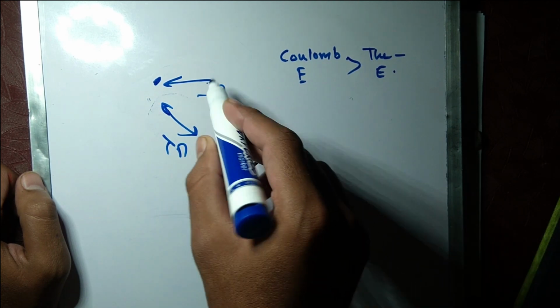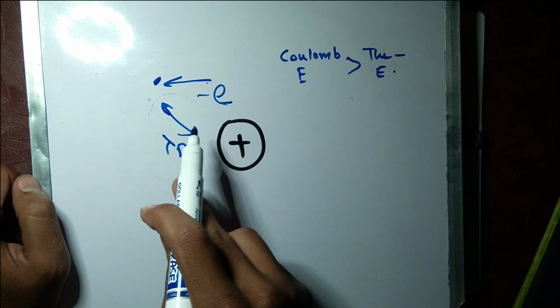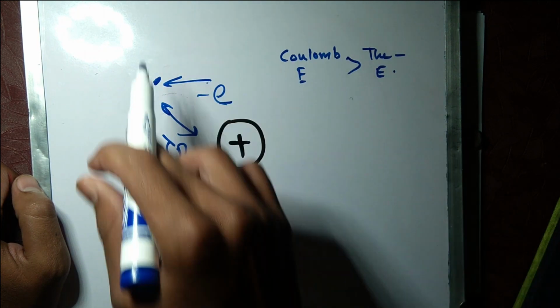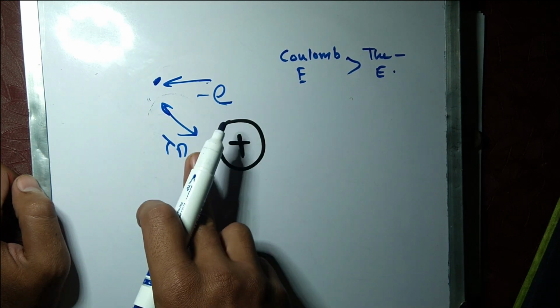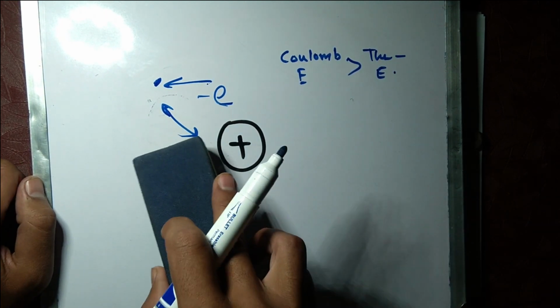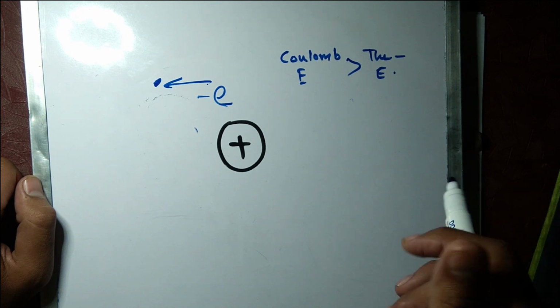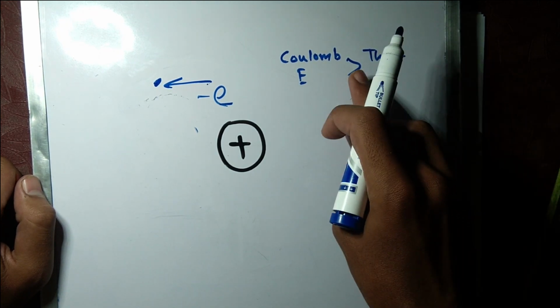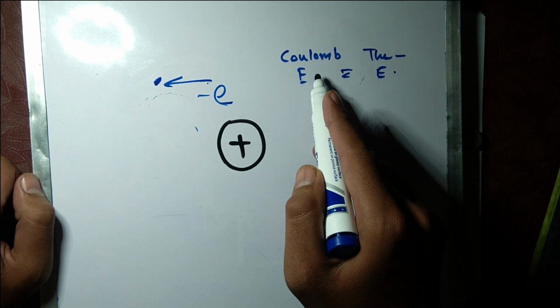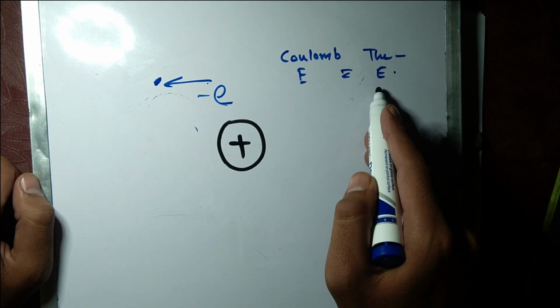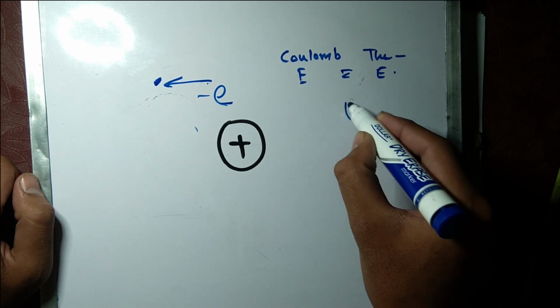There will be a lot of ions here, and all of these ions will form a sphere around it, and we know that the distance between them is lambda D. We already discussed it. So when the Coulomb energy and the thermal energy are equal, then our system is at equilibrium.